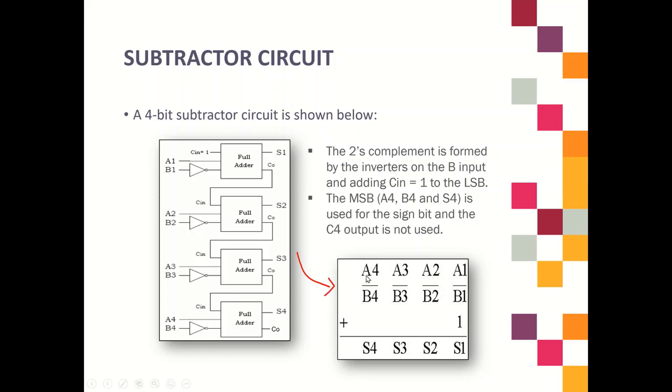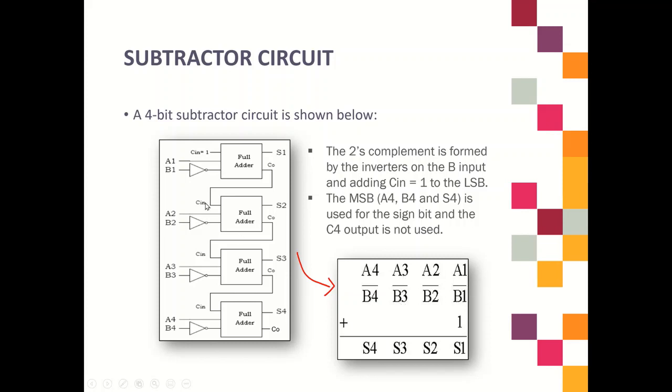Each B value must be complemented, so you need to think what logic gate can perform the process of complement. The logic gate that can perform complement is the NOT gate. That's why B must be connected to a NOT gate, to represent B bar.